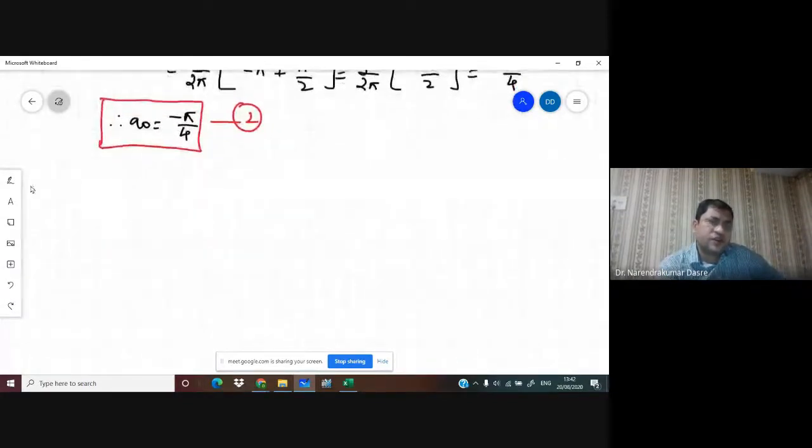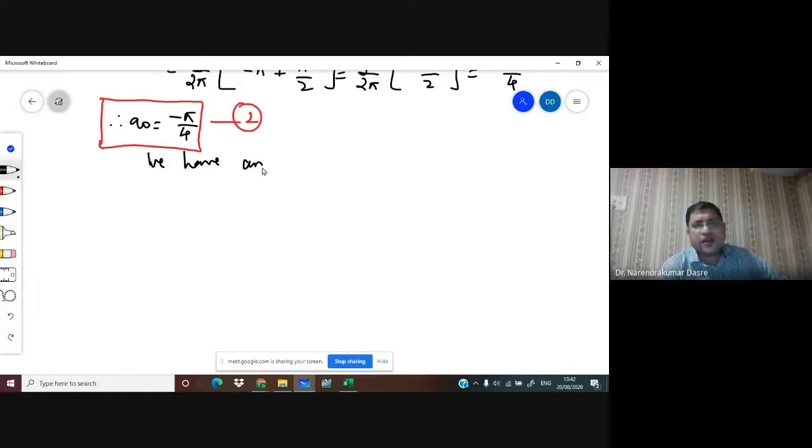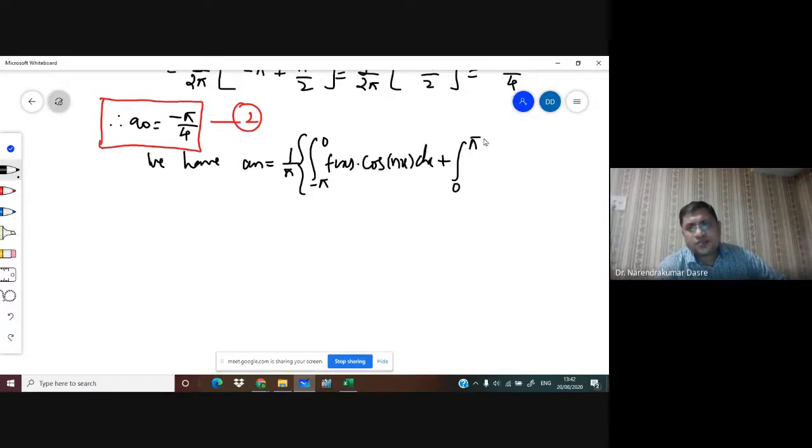Now, after finding a0, we have to think of an. So we have an is equal to 1 upon pi, minus pi to 0 f of x cos of nx dx plus 0 to pi f of x cos of nx dx. So here we have cos of nx.